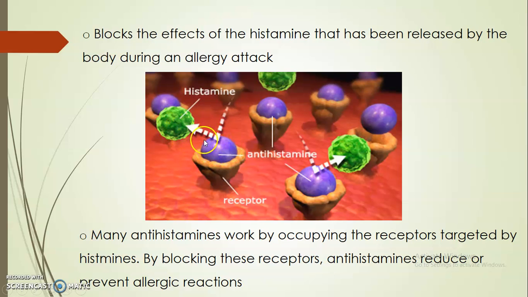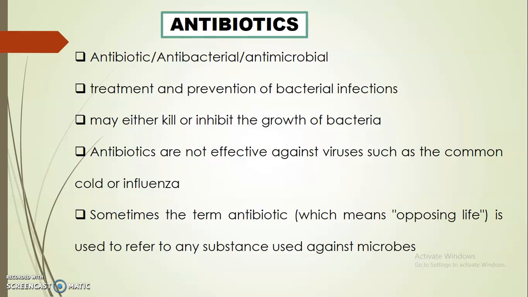One receptor accepts histamine, and it can cause the allergy. So what antihistamine does is occupy this receptor that is suitable for histamine, so histamine cannot occupy this receptor. So it blocks this receptor, and histamine reduces or prevents the allergy reaction.